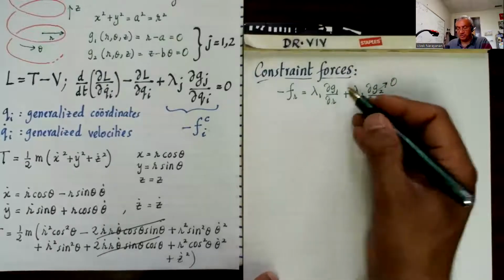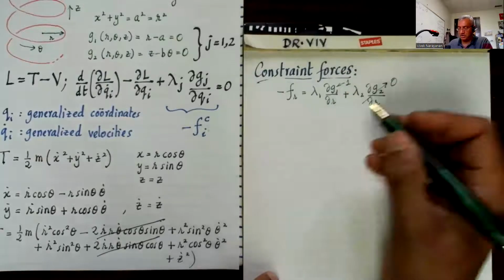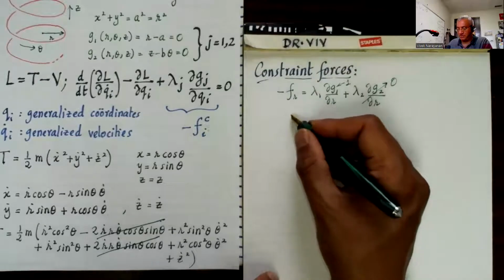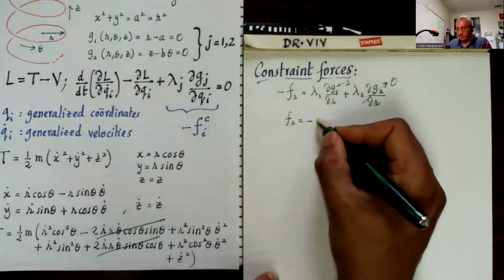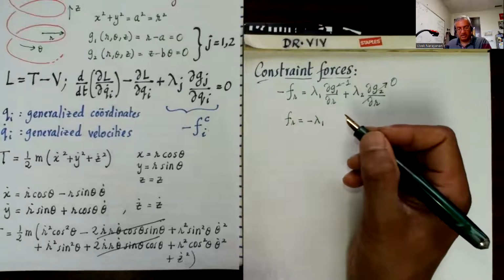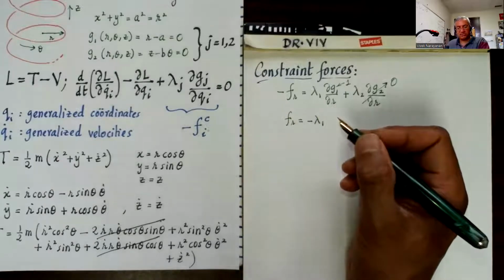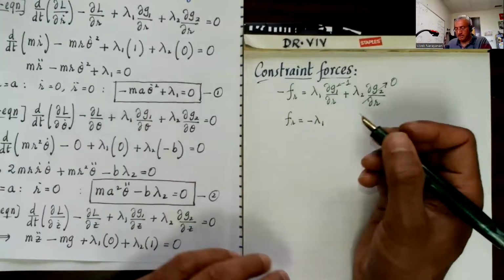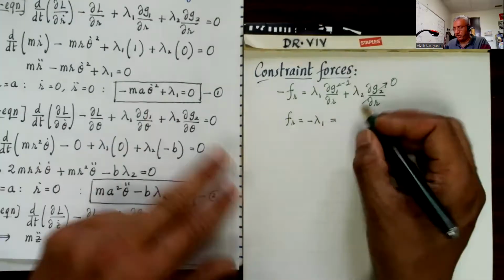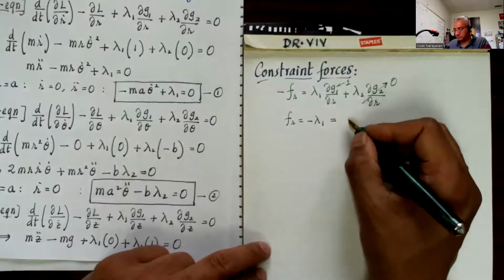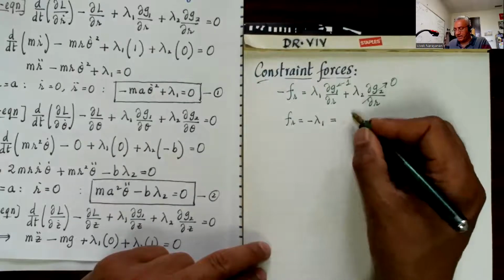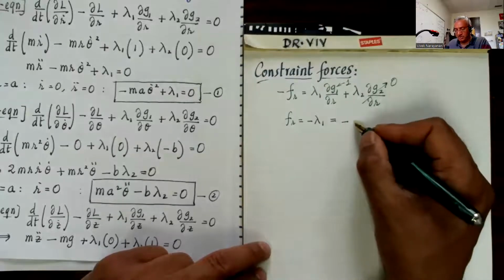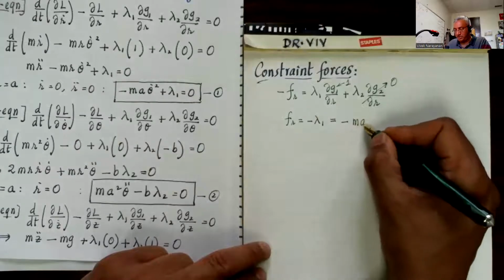Del G1 by del r is just 1. So I get f sub r is just minus lambda 1. But lambda 1 is right here. So lambda 1, negative lambda 1 is going to be actually equal to negative ma theta dot squared.